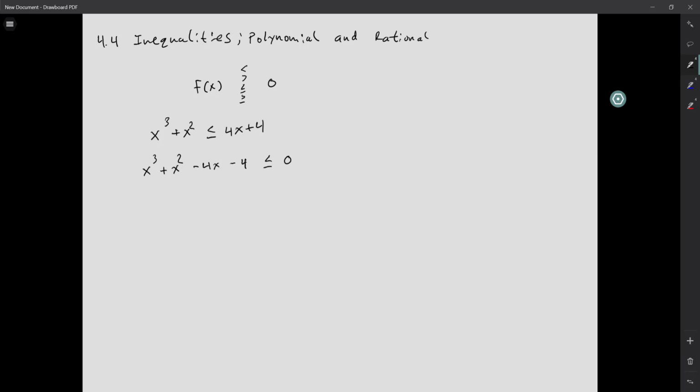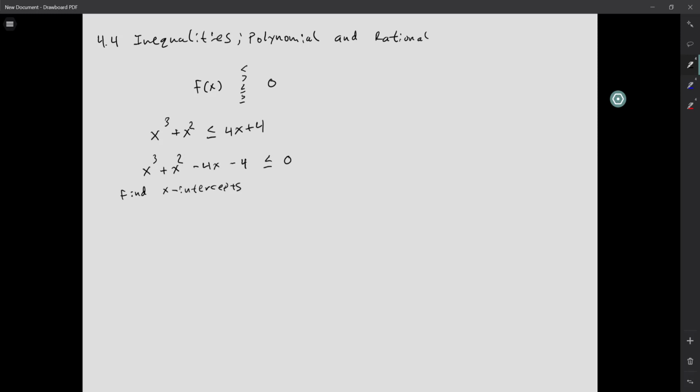And what we want to do every single time is find the x-intercepts, just like with the quadratic ones. Basically, we're pretending the inequality is an equal to 0, so we're going to be looking for the zeros of the polynomial function.